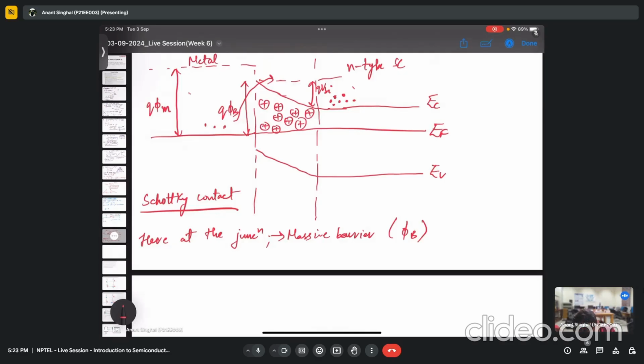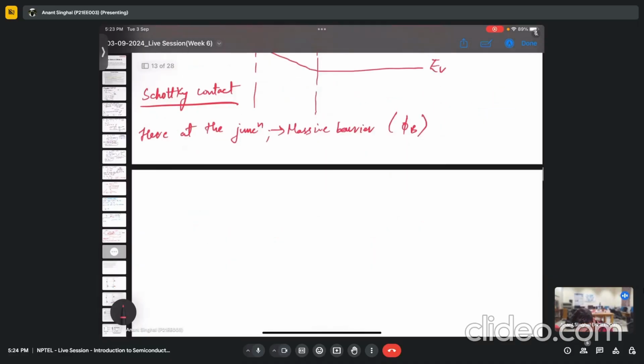Let's say I'll take the second case in which there is no barrier and it will easily conduct, when phi s is greater than phi m. So this particular case will not be able to conduct easily because we have a barrier on both sides. That is why we call this barrier a Schottky barrier.